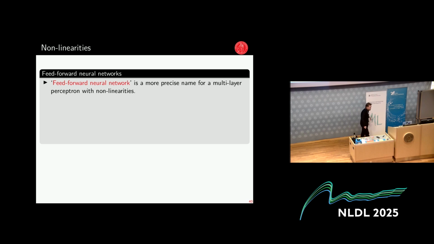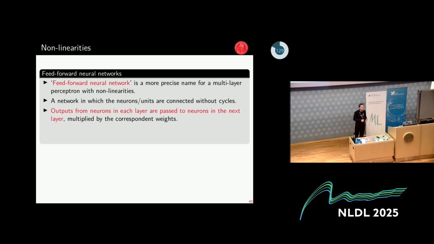Such architectures are sometimes called feed-forward neural networks. That's a more precise name for a multi-layered perceptron. It means that the neurons, the computational units in the network, are connected to each other without cycles, right? And they are all fully connected in the sense that each neuron in the previous layer is connected to each neuron in the next layer, right?